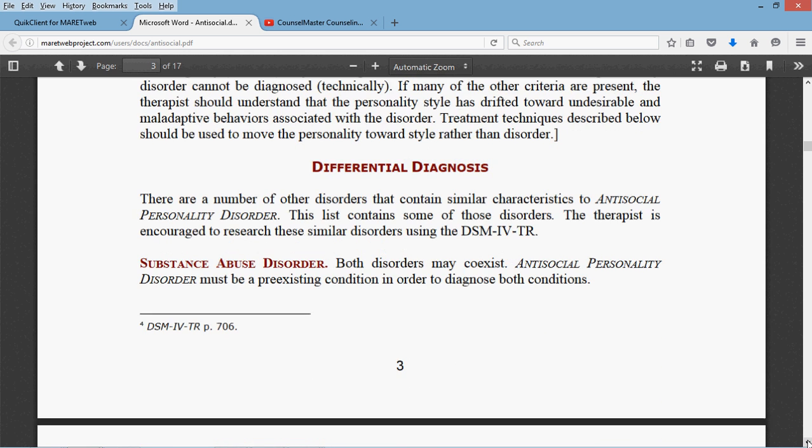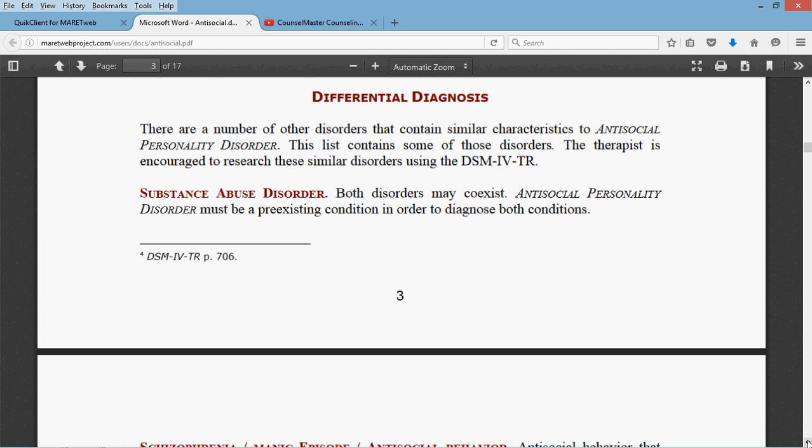Included in the DSM there are things that are called differential diagnosis. A differential diagnosis is something that this apparent antisocial issue might be instead of. So you might think you have an antisocial personality issue, but actually what you really have is one of these others.